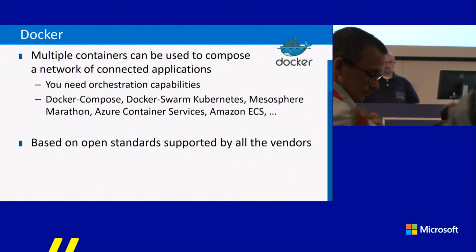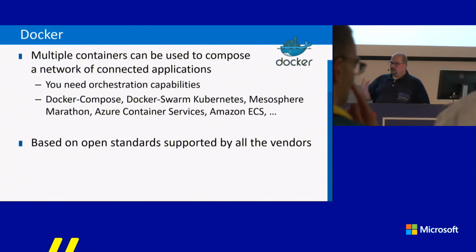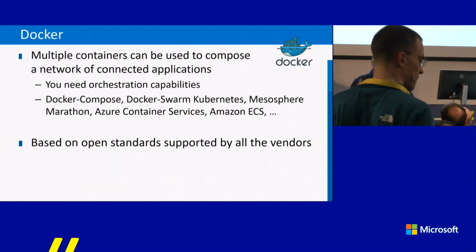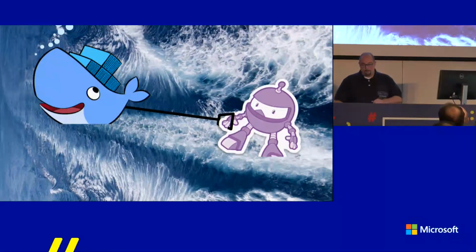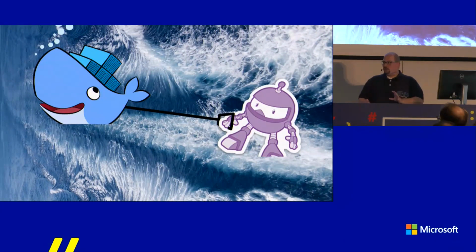What's very important with containers, like I stressed before, is that it's based on open standards and all the vendors support it. So if you do Docker on Linux, you can use the same commands and the same interfaces as on Windows. That is very convenient because all your scripts and all your tooling just work the same, and that's very powerful. And as we will see, if you start using .NET Core with containers, that's very powerful.